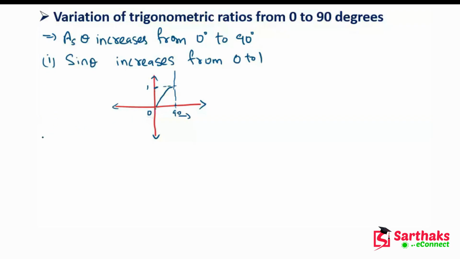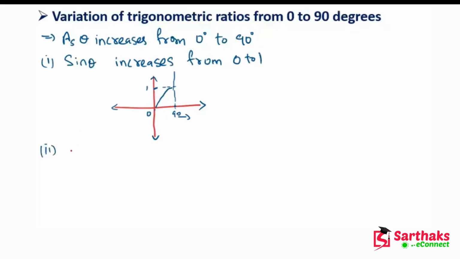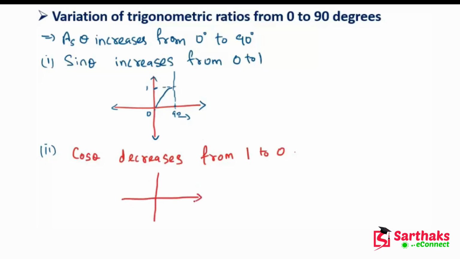Okay, so the next point is cos theta. Cos theta decreases from 1 to 0. If we draw the graph of cos theta like this, let's suppose this is 0 and this is 1.